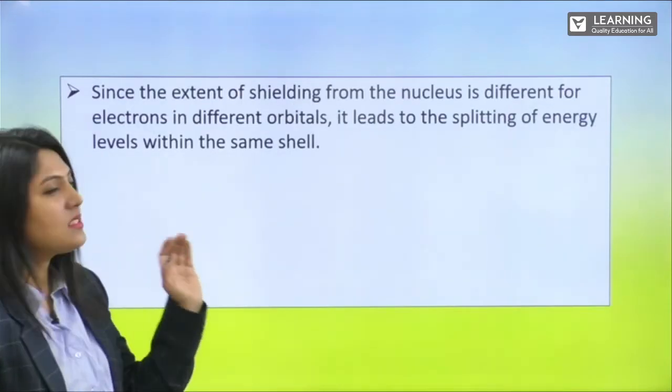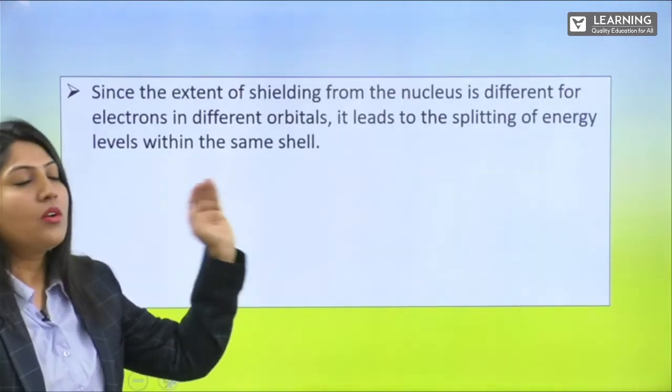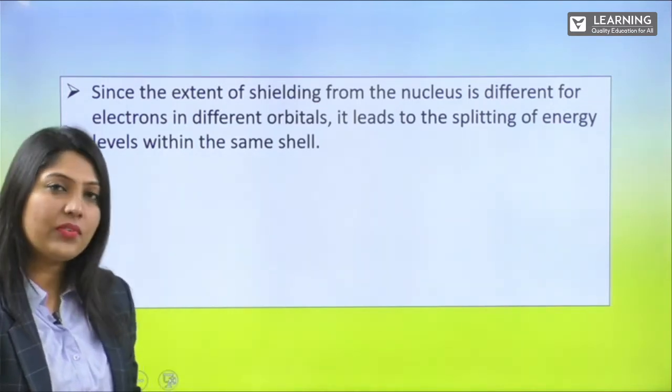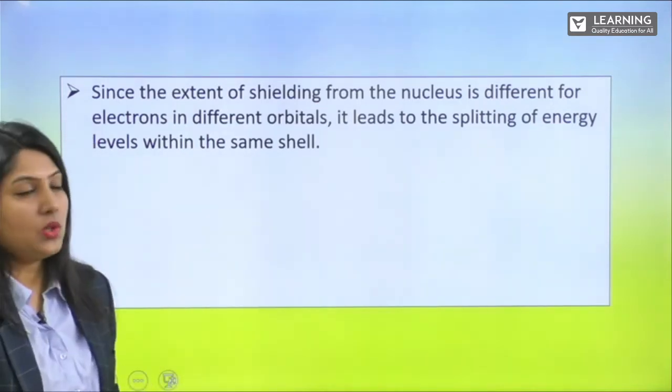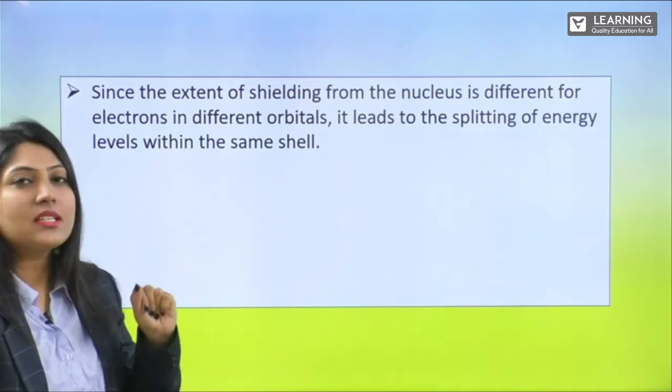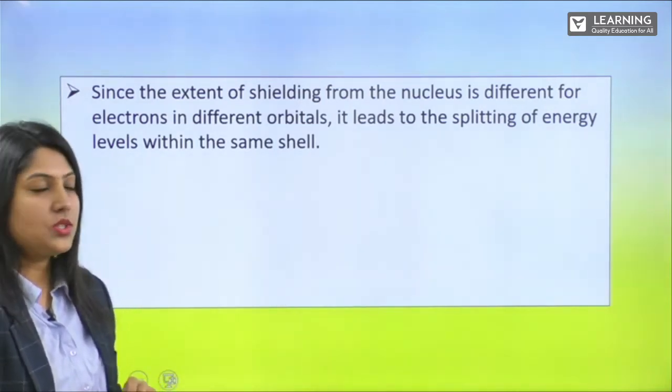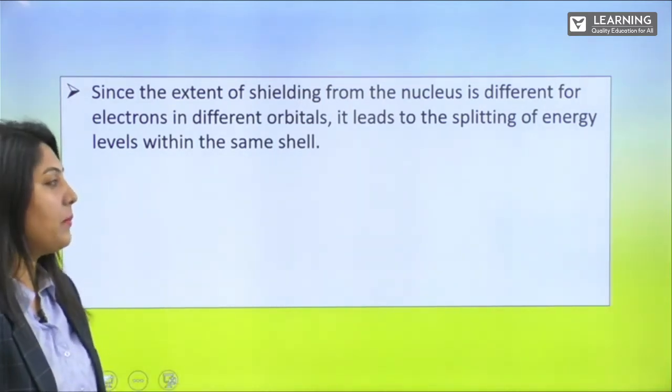So next, since the extent of the shielding from the nucleus is different for different electrons, it leads to the splitting of energy levels within the same shell.